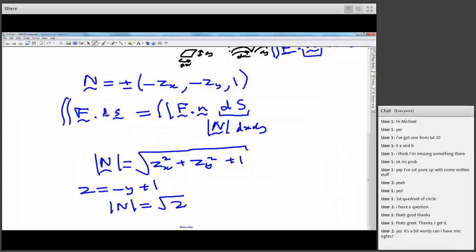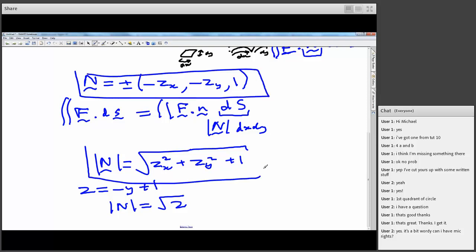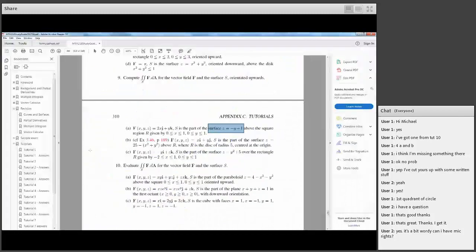And this formula I've written down at the top, these two here, are parameterizing in terms of x and y. So if you're going to parameterize in terms of x and y, which works in almost all cases, even if you've got polar coordinates, I still recommend parameterizing in terms of x and y. And then you just go from that.